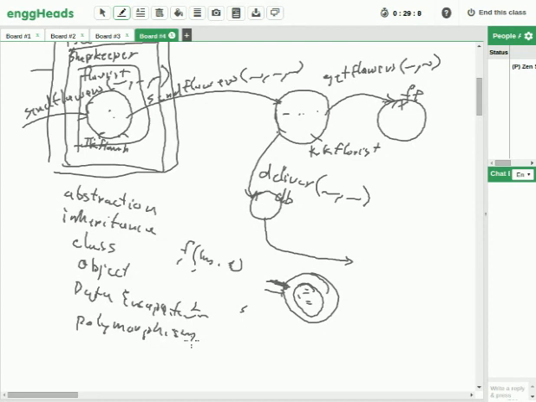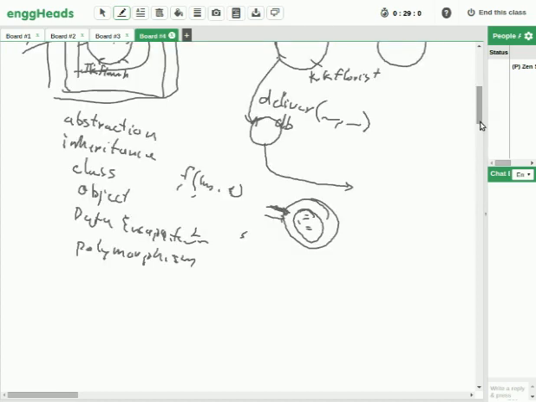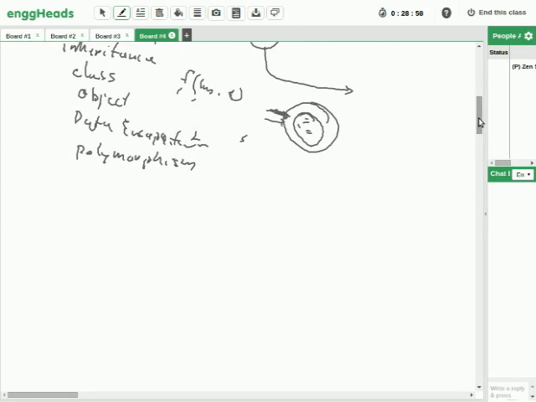Okay, there are many types of polymorphism. From the programming point of view, there are two terms which are more popular.